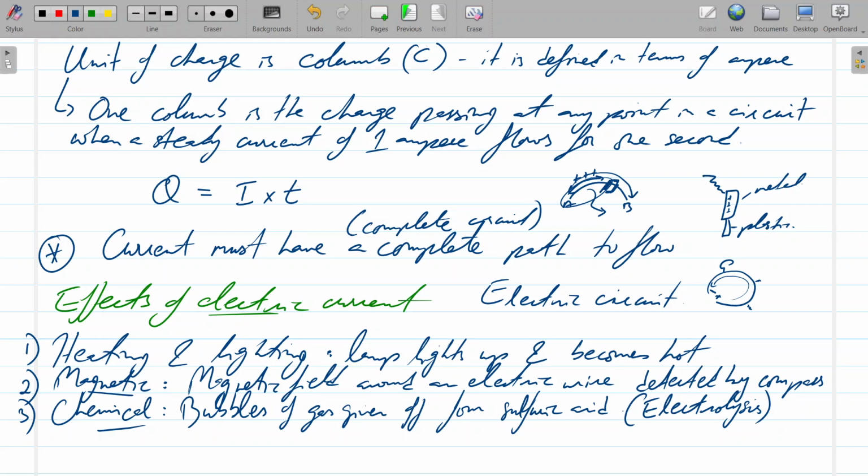So the example they give in the book of how to notice the effect of electricity is if electricity is passing through sulfuric acid, you will notice bubbles of gas being given off. My question is, obviously they're talking about electrolysis. They're not using the term electrolysis, but that's what they're talking about. What type of electrolysis is this?